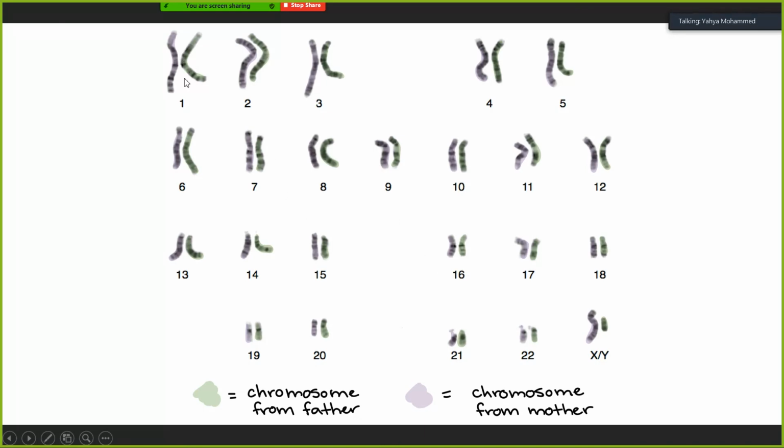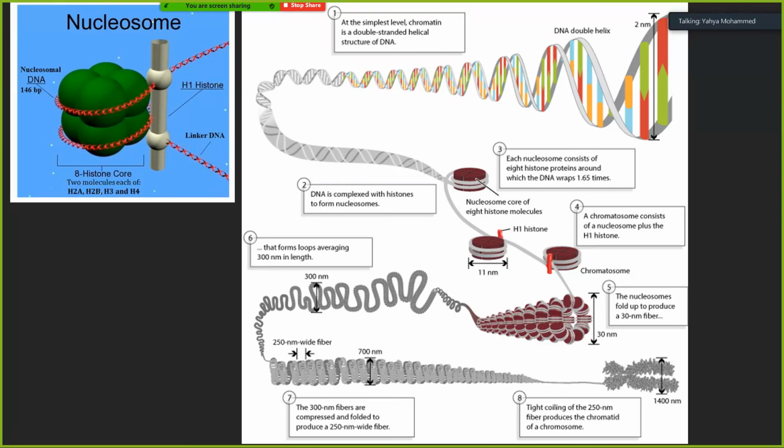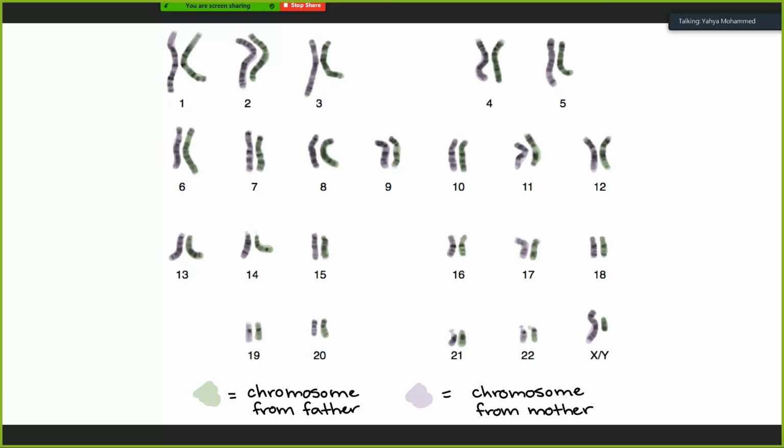So these are the chromosomes. This is like the DNA all wrapped together. This right over here is one set of chromosomes, and this is all the chromosomes that you have.